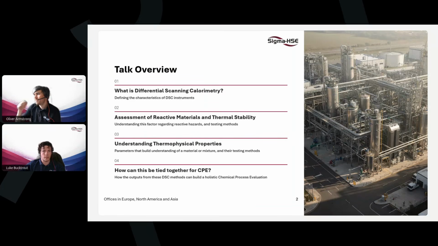You can see we split this into 4 sections for today, briefly outlining what differential scanning calorimetry is, how it works, when to use it, and then also looking more in depth at how we can assess reactive systems and the thermal stability of your raw materials or reaction mixtures, and understanding how this factor regards reactive hazards and the various testing methods. We'll then look to understand a bit more about the thermophysical properties that we can get from certain types of DSC testing, before we try and tie this all together for you about how this can be applied in a chemical process evaluation.